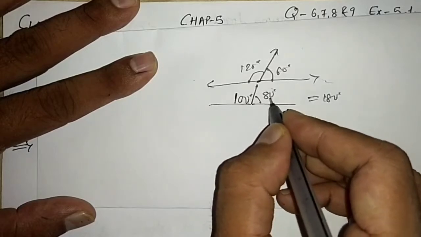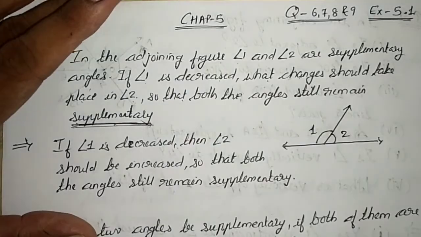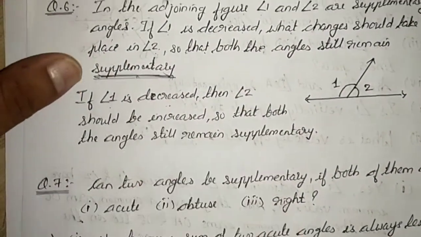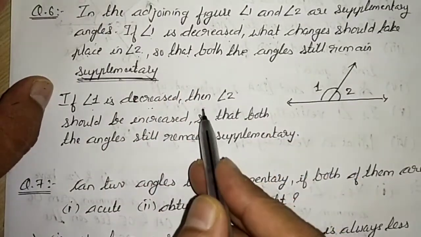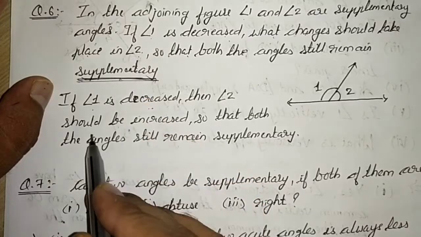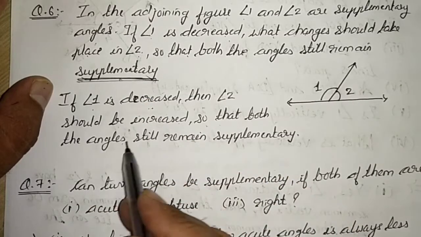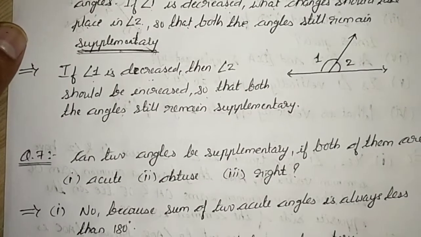So it will rise. Angle 2 will increase. So I have written here, if angle 1 is decreased, then angle 2 should be increased so that both the angles still remain supplementary. Understood?